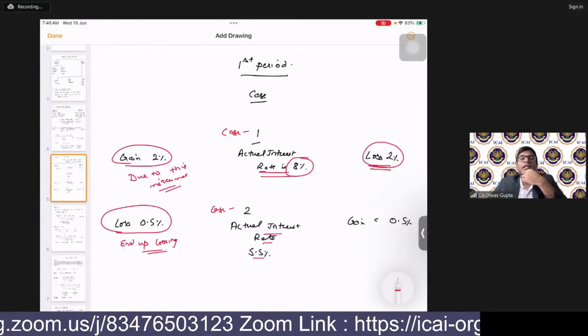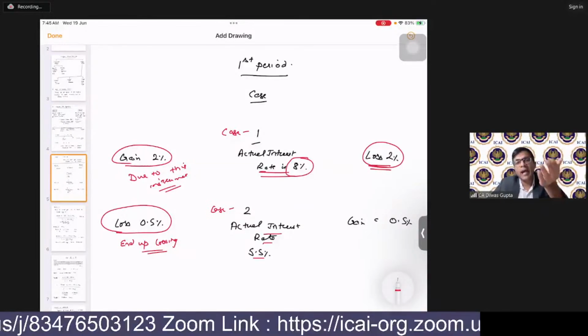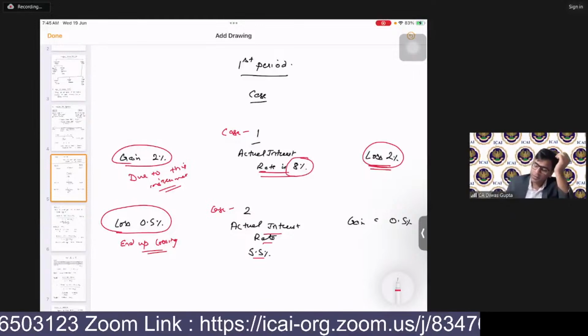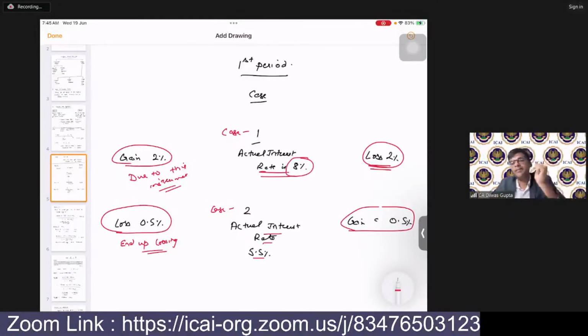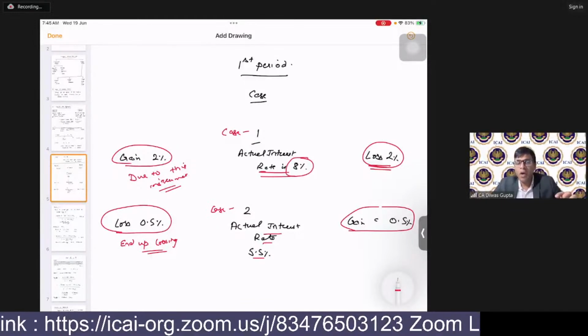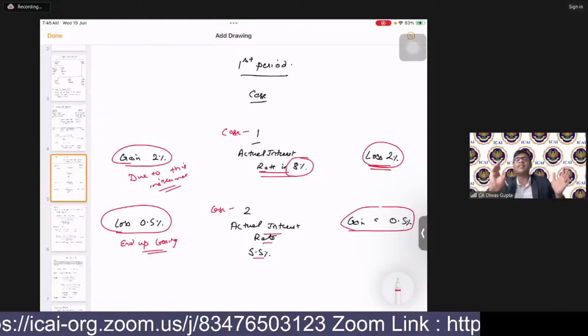So with that logic, Bank B will be happy because Bank B will say that I am able to get a better return than the market return. So it will say that I will gain 0.5%. So the payoffs are clear. I will tell you how the payoffs will get calculated, but at least this part is clear: which party gains and which party loses.